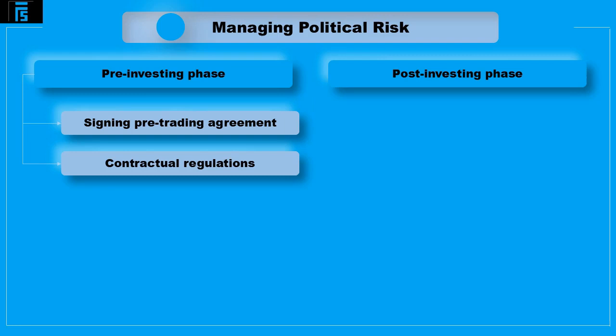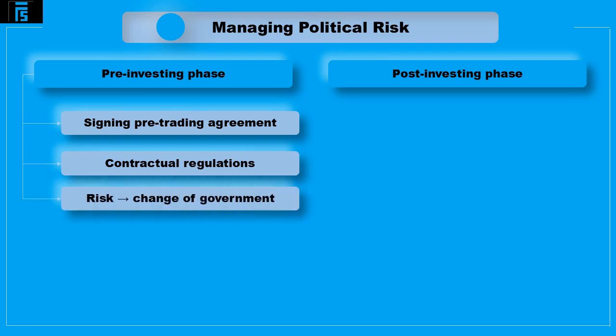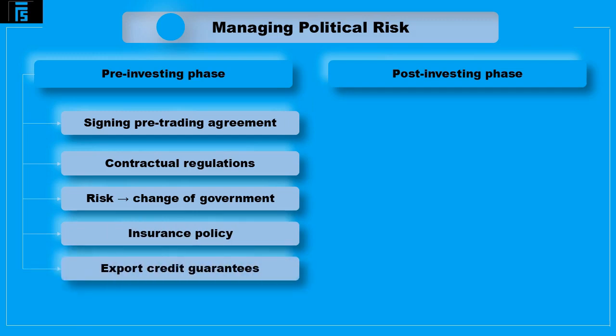It should be noted, however, that there is a risk that pre-trading agreements may stop being recognized in the case of a change of government, which may be a frequent occurrence in unstable host countries. Another way to reduce political risk in the pre-investment phase is by transferring it to another entity via an insurance policy, such as export credit guarantees.